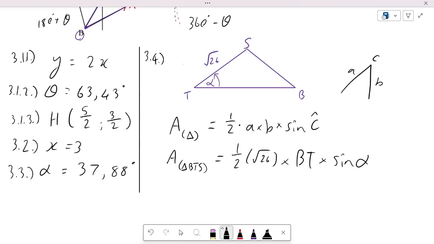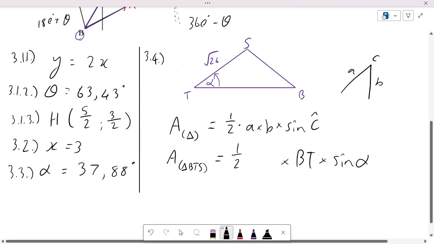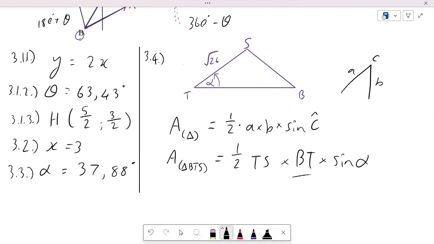So we have TS, and we are missing BT. We know that our alpha is equal to 37.88, which we have over here.